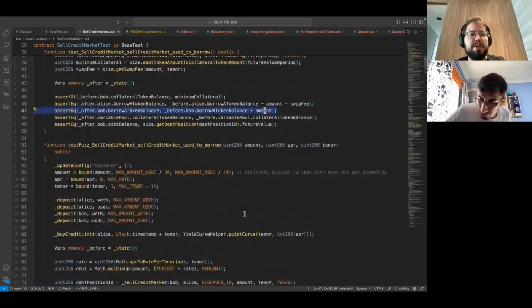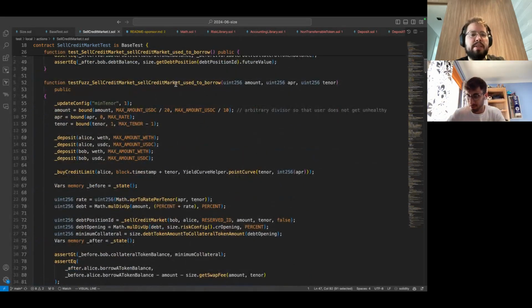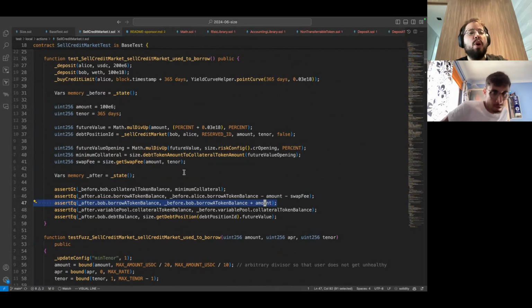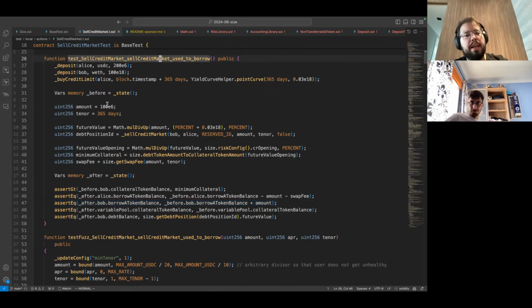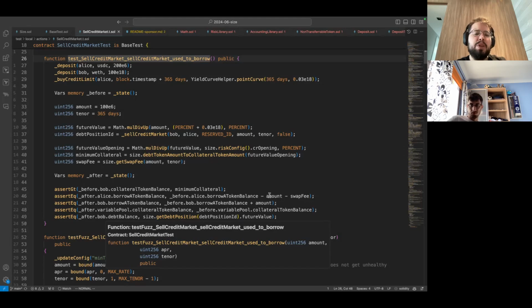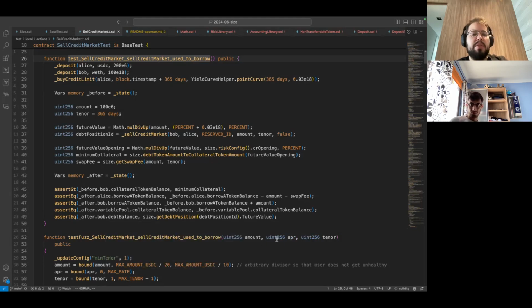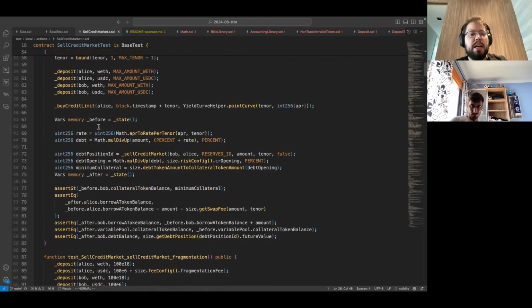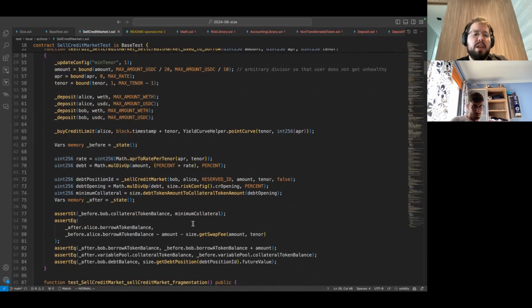So these are some very simple checks. And then we extended a bunch of these with fuzz tests to do the same thing. For almost all tests, like this very simple one, we have a fuzz test with arbitrary input parameters, and then we check the same thing, but in a more parametric, more general way. But we don't have that for all tests. I think that should be the goal for protocols.